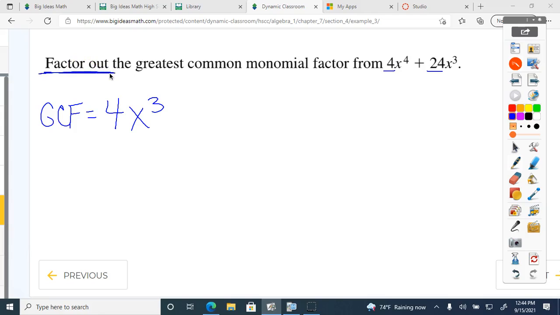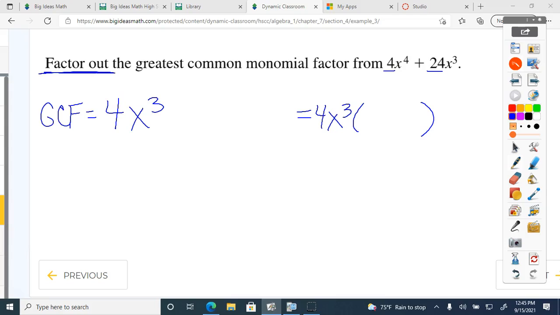So this right here, we're going to move it out front. And if we're taking it out, we have to put what's left in parentheses. Now I want you to understand what we're doing here. We are undoing the distributive property. When you do the distributive property, what do you do? You multiply.